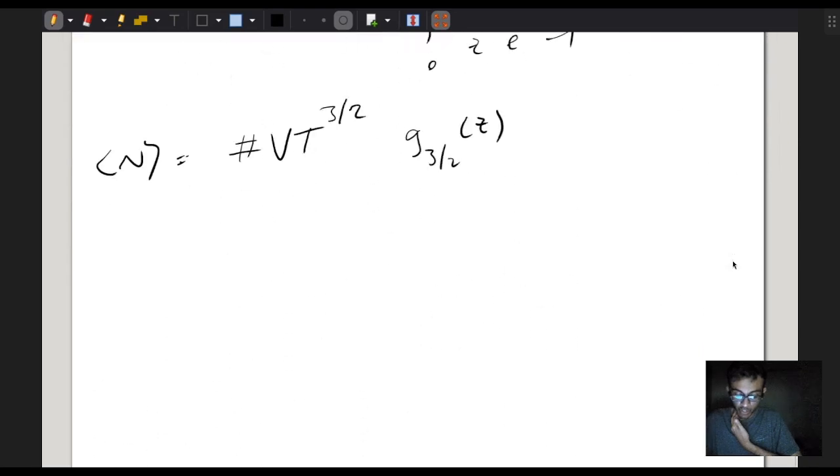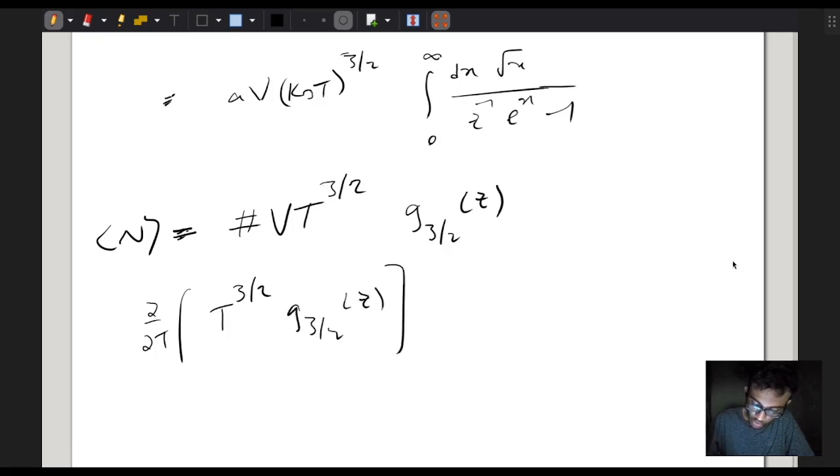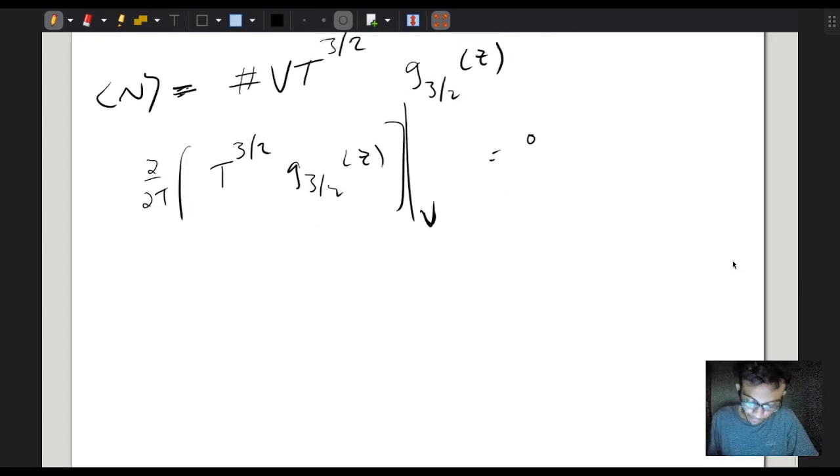So let's just take a derivative of this equation at constant volume. The number of particles is fixed, so that means dou by dou T of this thing at constant volume is 0.